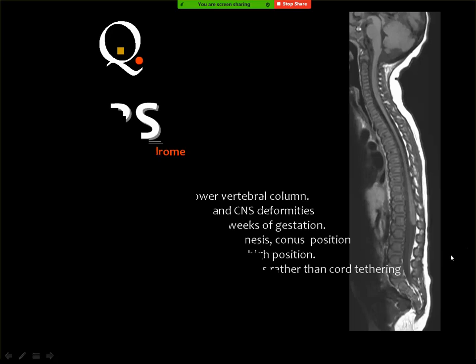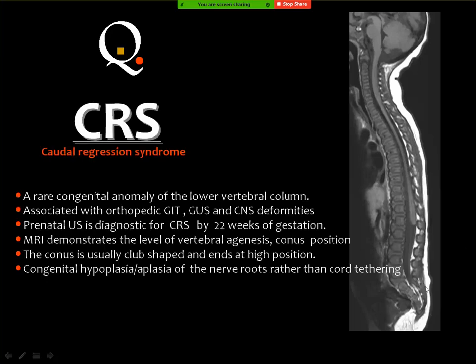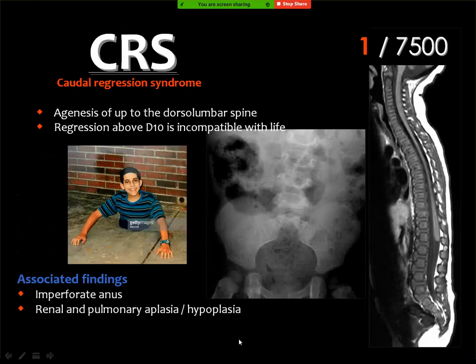This is the caudal regression syndrome with the characteristic appearance of the terminal part of the cord and may be associated with anomalous vertebra, including agenesis of the sacrum either totally or partly. And this agenesis of the sacrum may be also associated with some agenesis of the lumbar vertebrae as well.